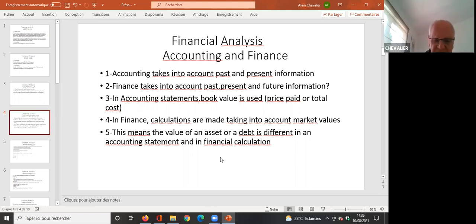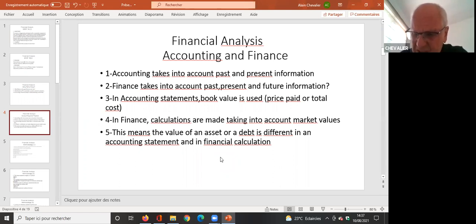This is the reason why, in some cases, when you have, for example, an evaluation of a company, you have a look at the balance sheet, and you make a calculation using methods you probably know, because you have this investment course, like discounted cash flows, and you find large differences.